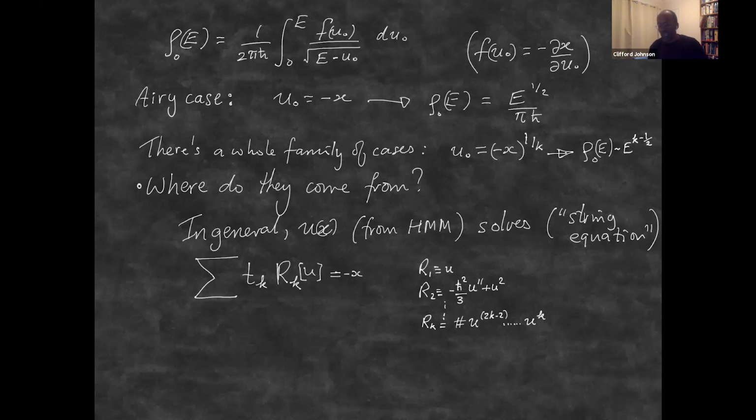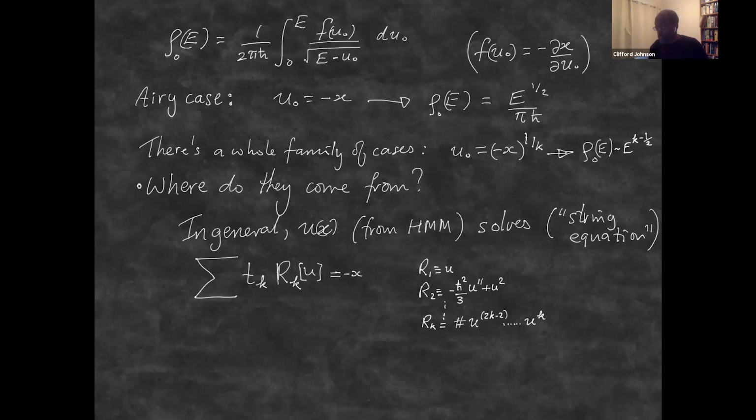I turn those on by turning on coefficients t_k. And so the general string equation simply looks like t_k times R_k, a linear combination at this level, which ultimately gives you this highly nonlinear combination of all the potentials by virtue of having to solve the coupled differential equation that is on the page there.